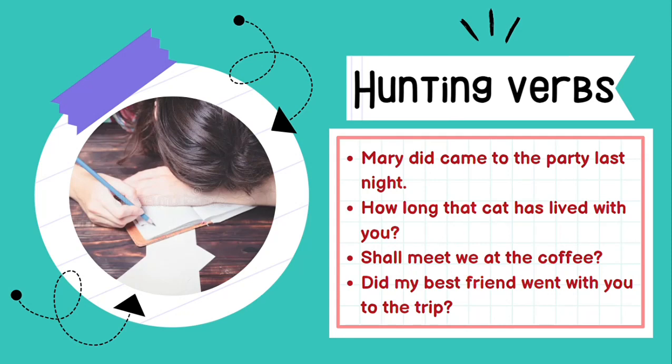So I'm going to say 4 sentences, and remember that the idea is to write them down, and you can underline or write the helping verbs and the main verbs.